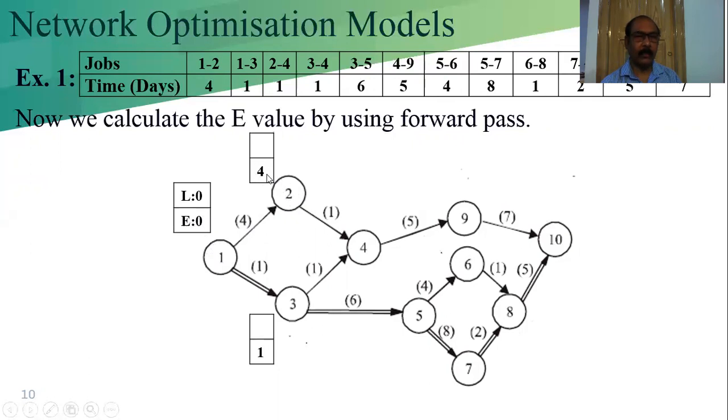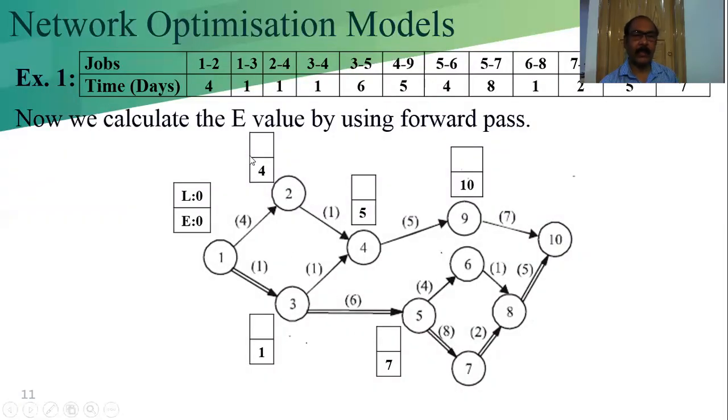This is the value of E2. The E value we write in the lower rectangle, and we write the L value in the upper rectangle. So 0 plus 4 is equal to 4, and 0 plus 1 is equal to 1. Now that is the two path. What could be the value of this? I will consider that in the next slide.